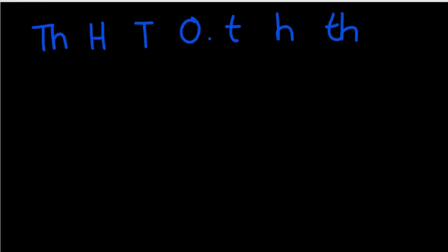So the first thing is, when we're working with rounding, we've got to think of our place value columns. As a reminder, we've got the thousands, hundreds, tens, ones, decimal point, and then tenths, hundredths, and thousandths.